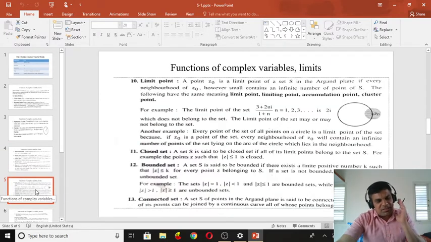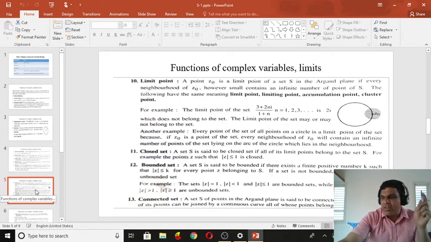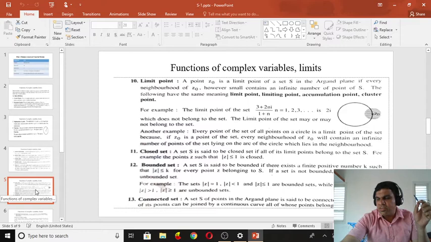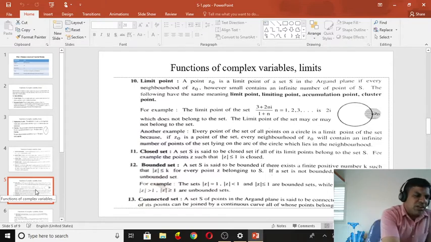So we have defined the deleted neighborhood, open set, closed set, interior point, and boundary point. Now we come to the limit point. What is a limit point?